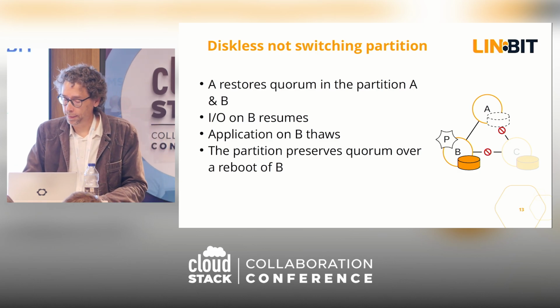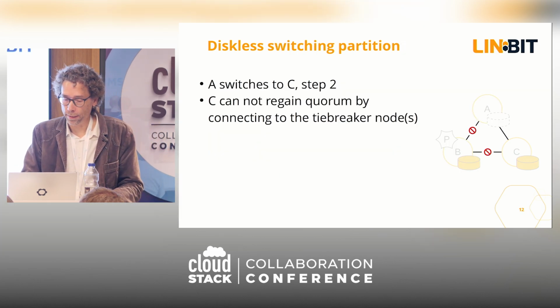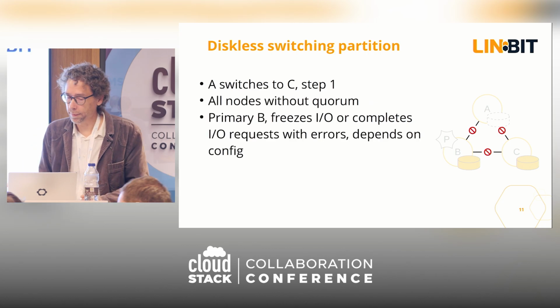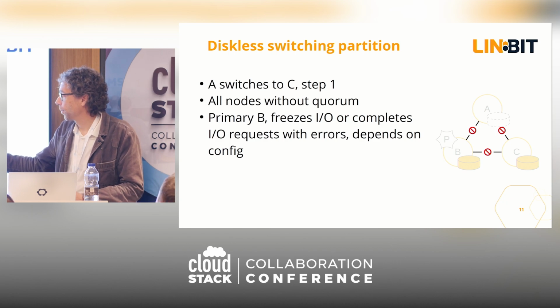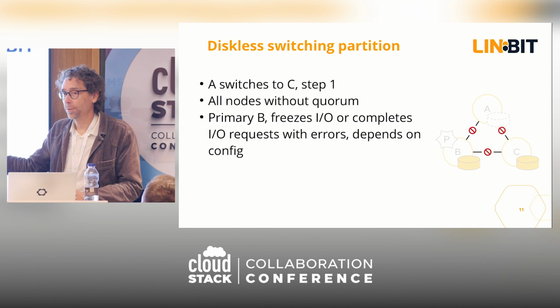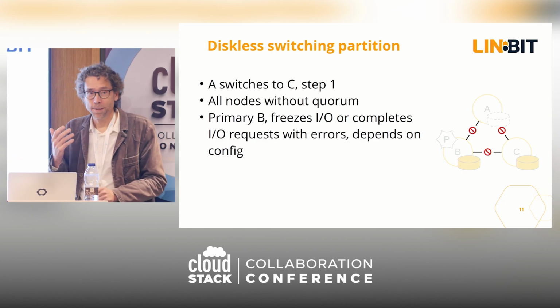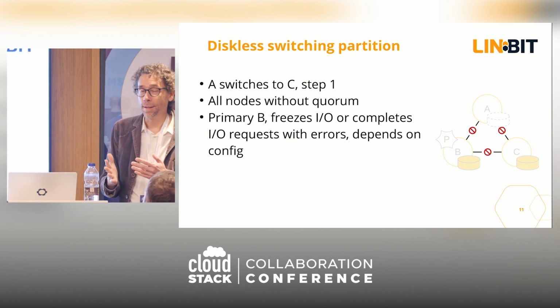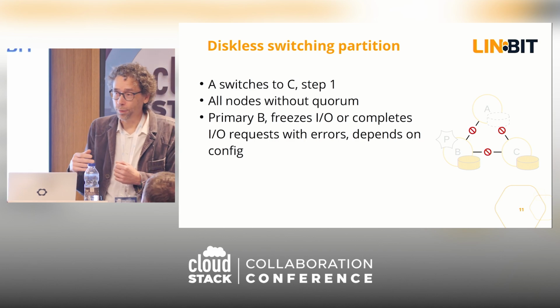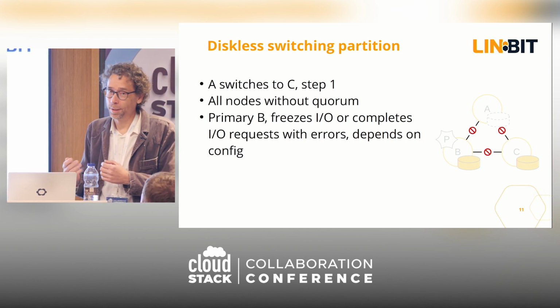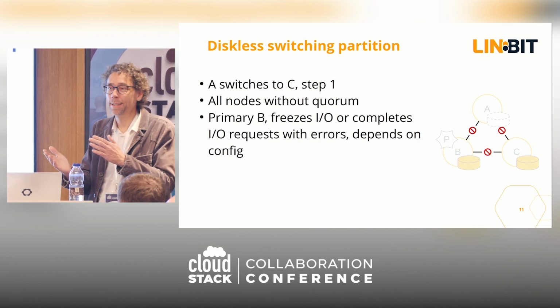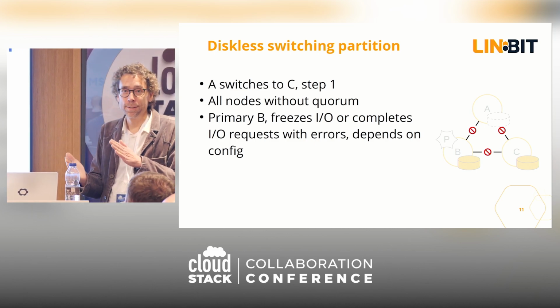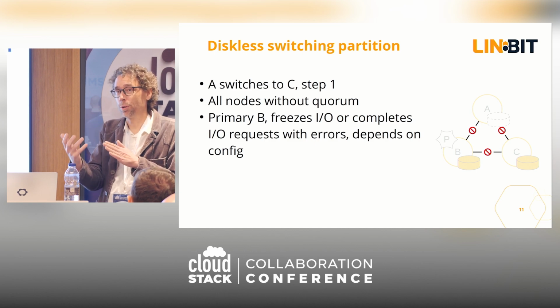Oh, maybe this is a detail I missed at this slide. In the moment a node that runs the application loses quorum, DRBD no longer grants access to the data. For virtual machines, the best configuration is that DRBD simply freezes I/O. So that also freezes the virtual machine.